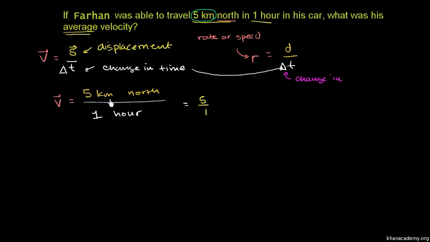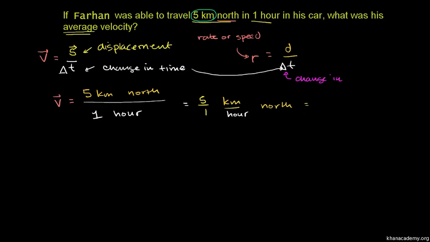And you can treat the units the same way you would treat the quantities in a fraction. 5/1 kilometers per hour, and then to the north. Or you could say this is the same thing as 5 kilometers per hour north.